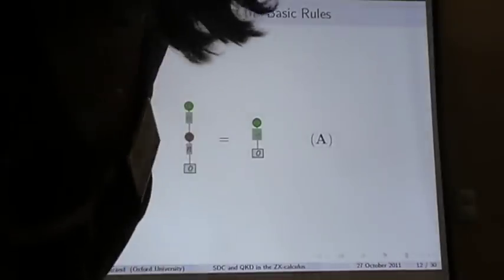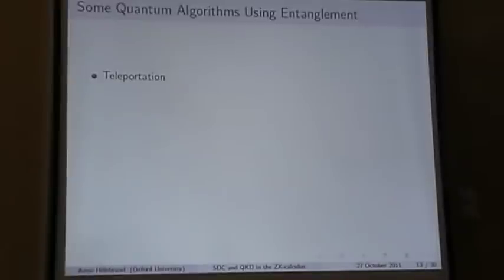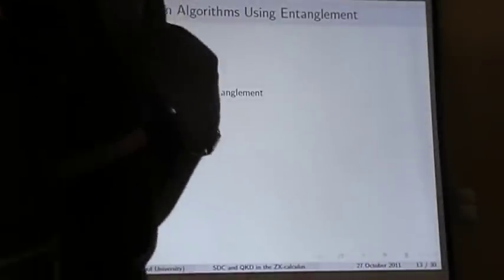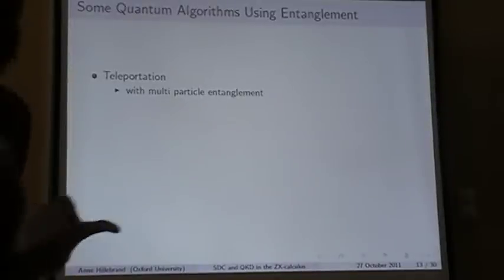Okay, so now we have all our building blocks. What sort of algorithms can we look at? Well, I've looked at teleportation, and then two different kinds. I've looked at teleportation protocols that use multi-particle entanglement, so use the GHZ state or the W state to teleport things, but also teleportation of entangled states.